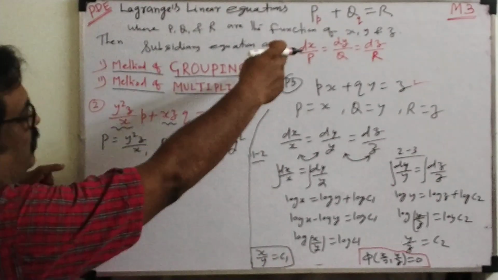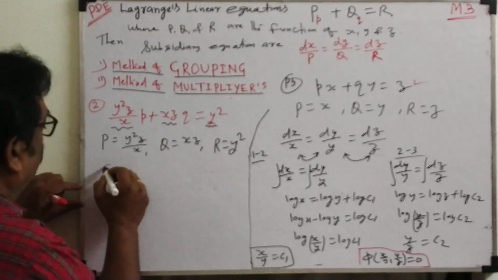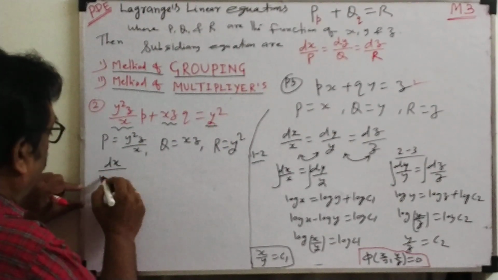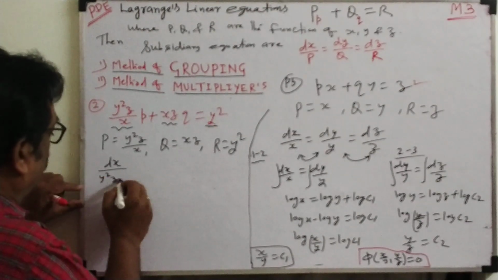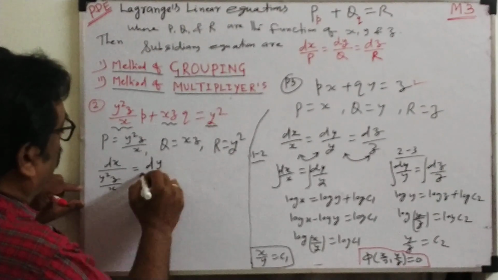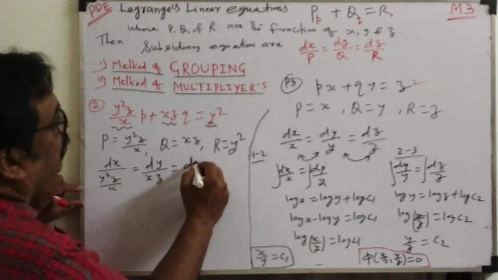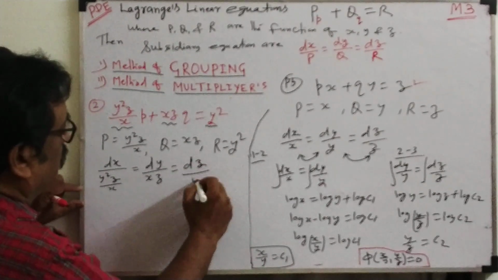Now from the subsidiary equations we substitute: dx by y square z by x equal to dy by xz equal to dz by R, that is y square.